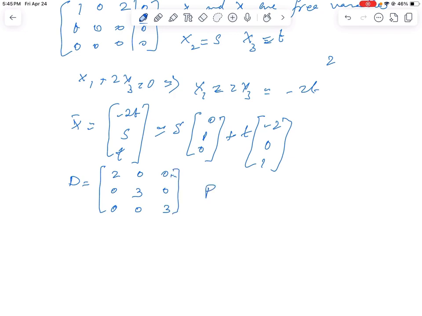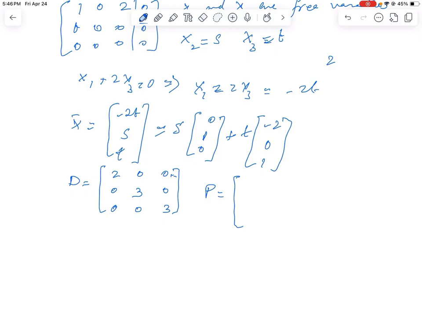And now we should write P. P contains the corresponding eigenvectors. The first column is the eigenvector for the eigenvalue 2. So now we write the eigenvector that we got for lambda equal to 2 in the first column.